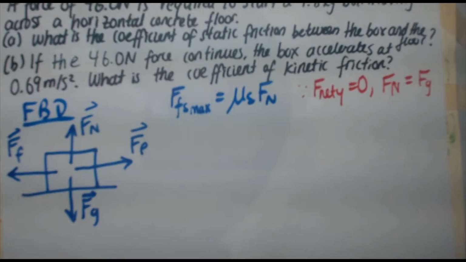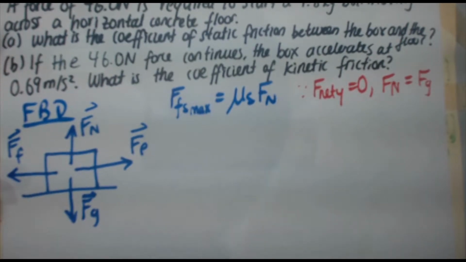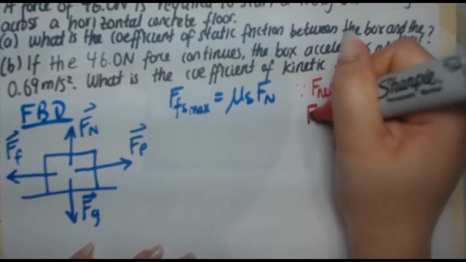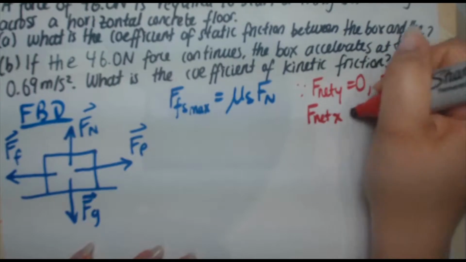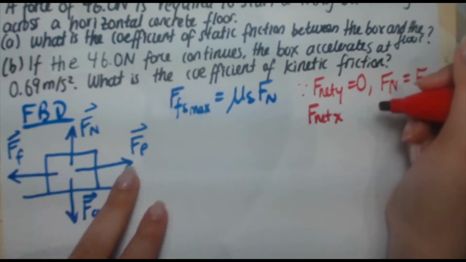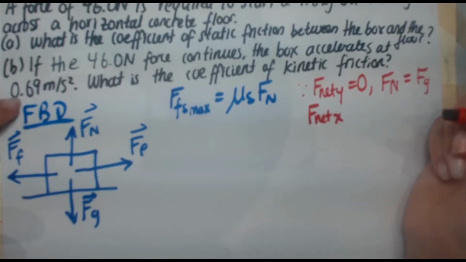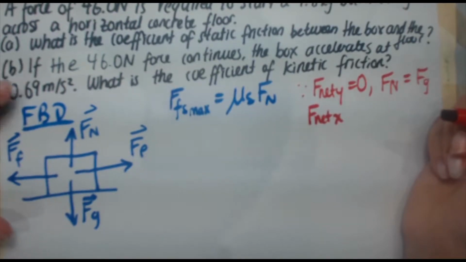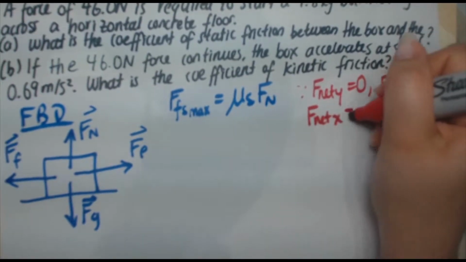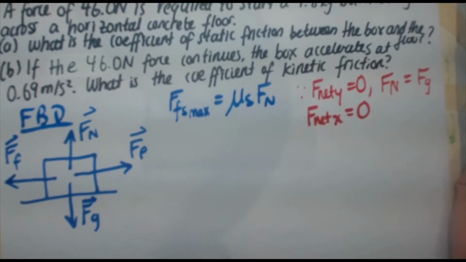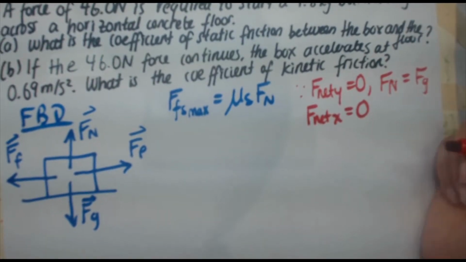Now the other thing: for part A, the box is not accelerating vertically, but it's also not accelerating horizontally. Although we just get the box moving, these two forces are going to be constant with each other. We know that because it's not until part B that they identify that there's an acceleration. In part A, there's no acceleration, therefore there's no net force. So we can say F net x equals 0.